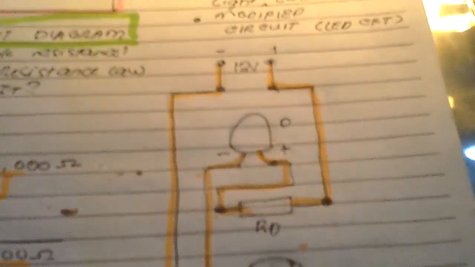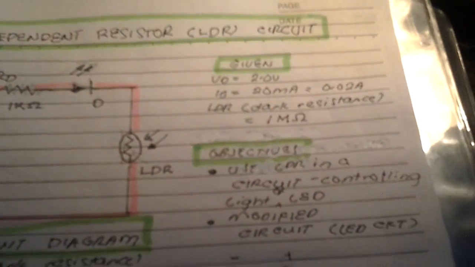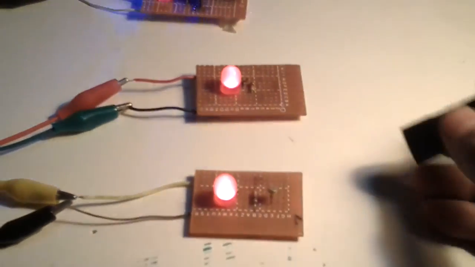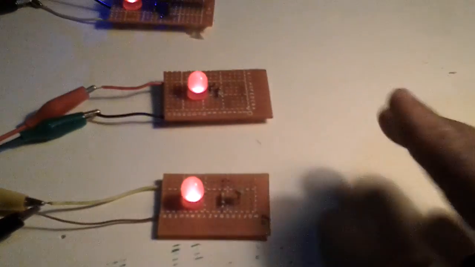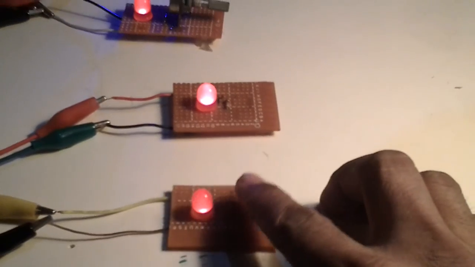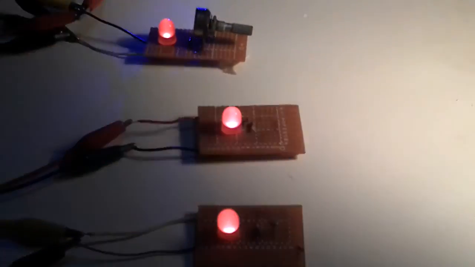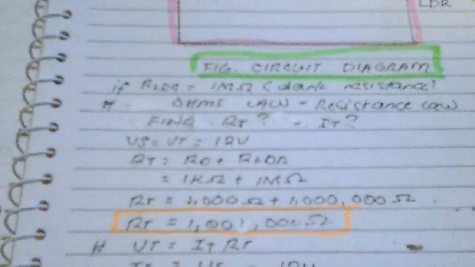We got a layout here. So that's very simple. We're almost finished here. It is just like the LDR, it's the same as this variable resistor. You just vary the light. And the resistance here is 1 mega ohms, the dark resistance.